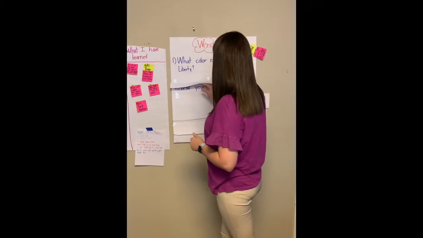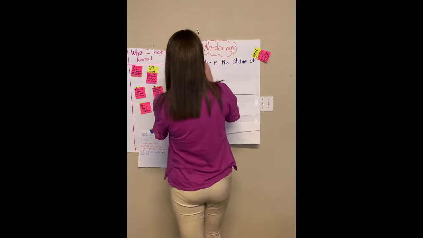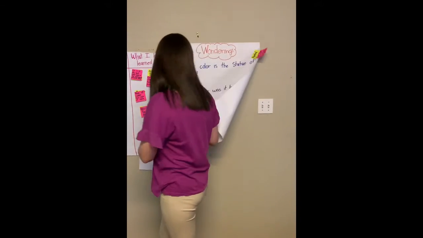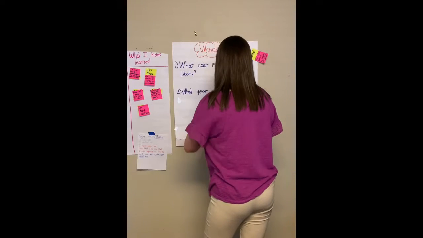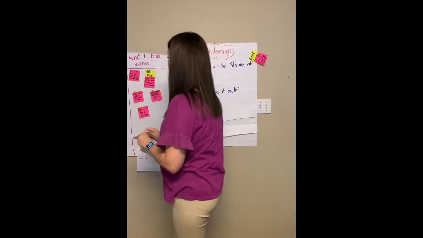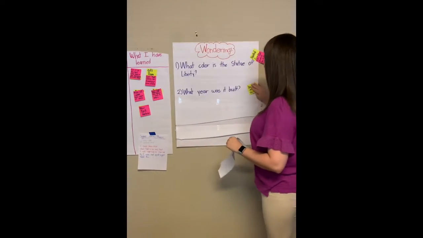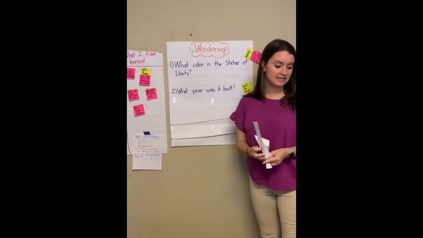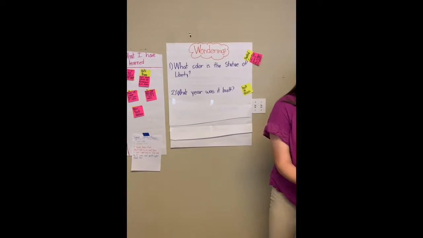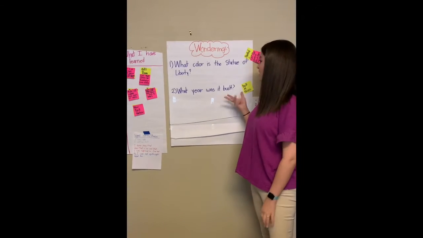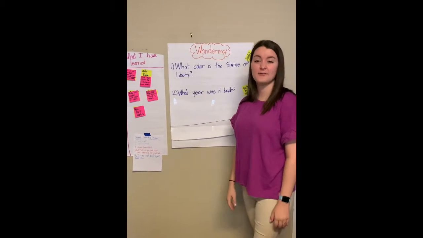And then I had the question, what year was it built? And I remember that yesterday I thought it was built in the 1800s. And then those were the only 2 questions that I had from yesterday.